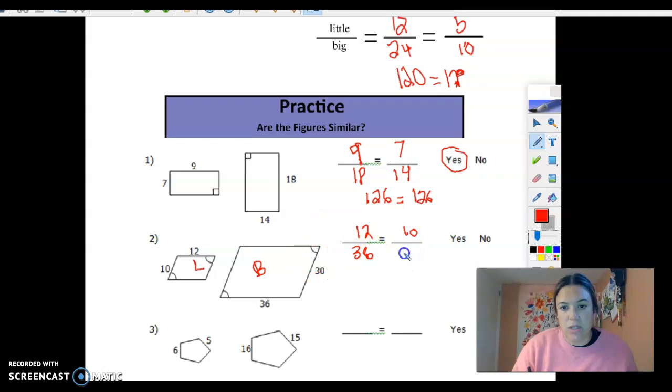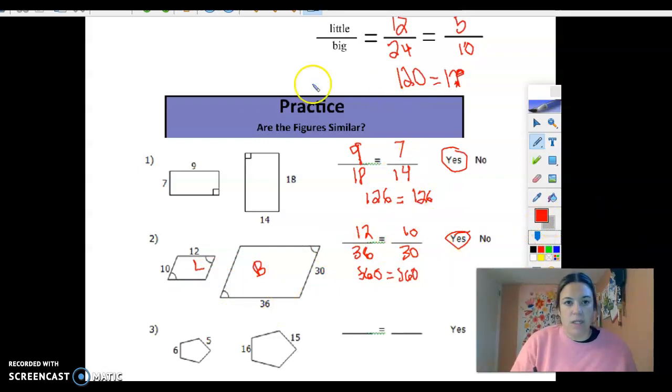And then to make sure that they are similar to each other, I'm going to cross multiply and make sure these proportions are equal to each other. So 36 times 10 is 360. And does that equal 30 times 12? Yep, that's 360. So are these two figures similar to each other? Yes. These two parallelograms are similar because their sides are in proportion.